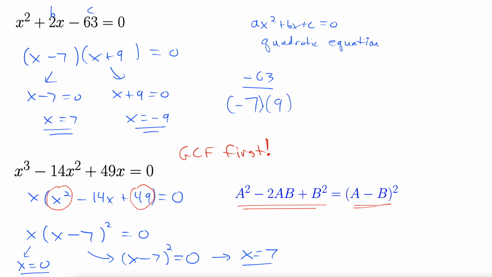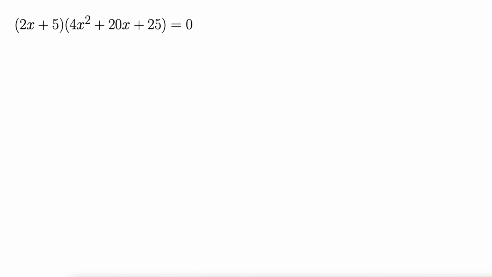Let's try another one. Here we have 2x plus 5 times the quantity 4x squared plus 20x plus 25 equals 0. And notice again, before you spend too much time trying to factor this with the diamond method and all that, we have perfect squares on the first term and the last term.